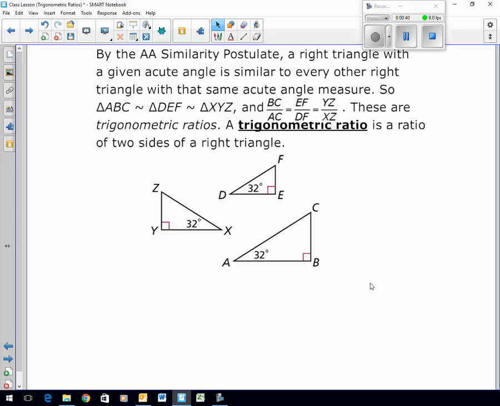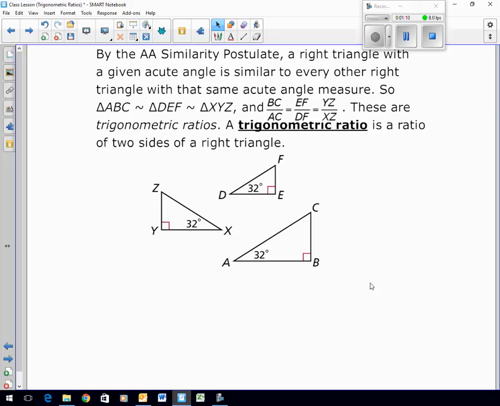It says, by the angle-angle similarity postulate, a right triangle with a given acute angle is similar to every other right triangle with that same acute angle measure. So triangle ABC is similar to triangle DEF, is similar to triangle XYZ, and BC over AC is proportional to EF over DF is proportional to YZ over XZ.